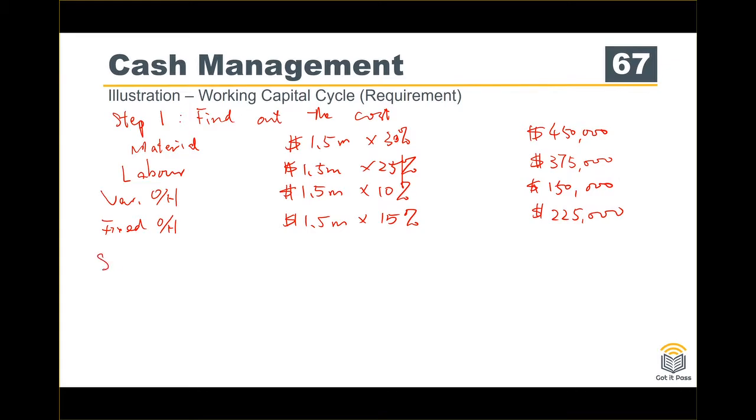And for selling and distribution, is 5% of 1.5 million. It means 75,000. So it's the first step to work out those cost elements.